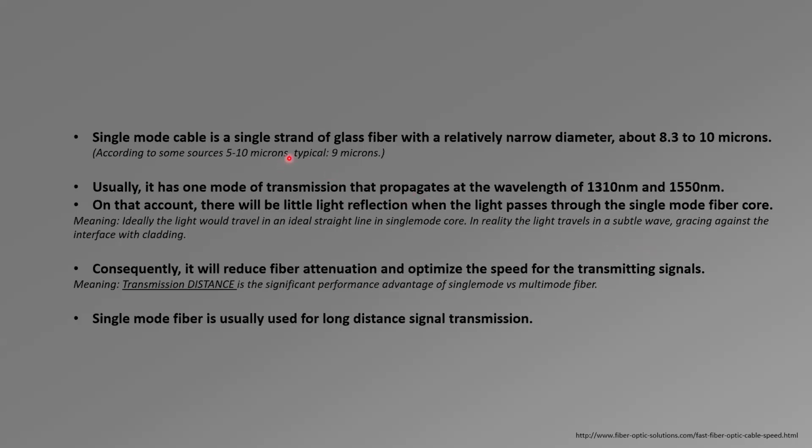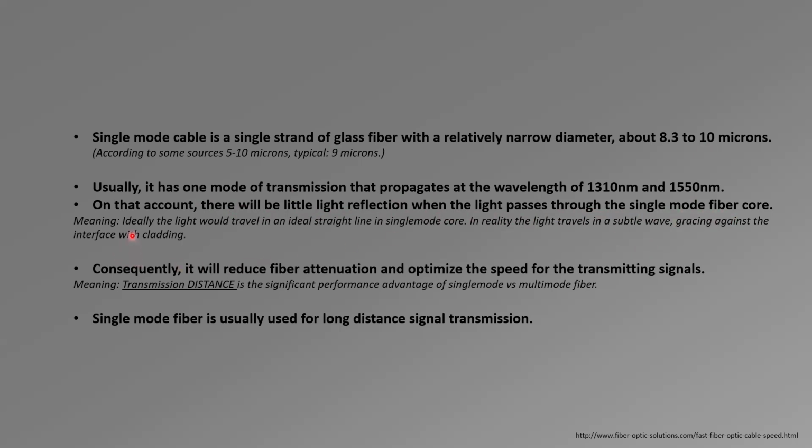Single mode cable is a single strand of glass, relatively narrow diameter, 8.3 to 10 microns, usually 9. Usually it has one mode of transmission that propagates at the wavelengths of 1310, 1550. On that account, there will be little light reflection when the light passes through a single mode fiber core.